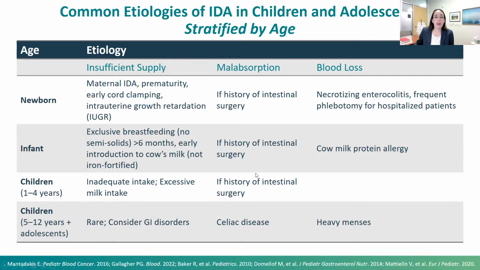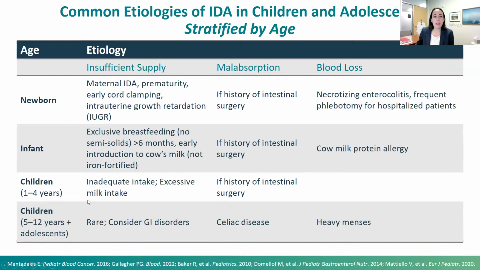And then any newborn or infant that has to have some type of intestinal surgery is going to be at higher risk of iron deficiency. In those infants, as I mentioned, exclusive breastfeeding without iron supplementation places them at risk, or if they've had early introduction of cow milk. So prior to 1 year of age, if they stop taking iron fortified formula and are taking other forms of milk that don't have enough iron in them, they're at risk.